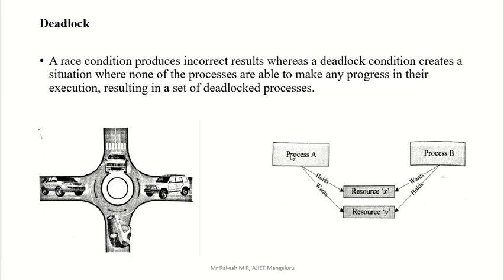You can see process A is holding resource X, because of that process B won't get it. Process B wants resource X, but it is already held by process A. And resource Y is held by process B, but process A wants resource Y.